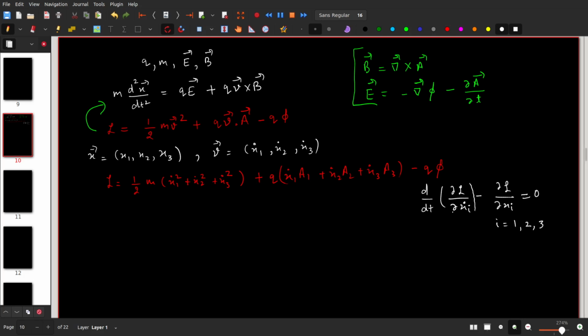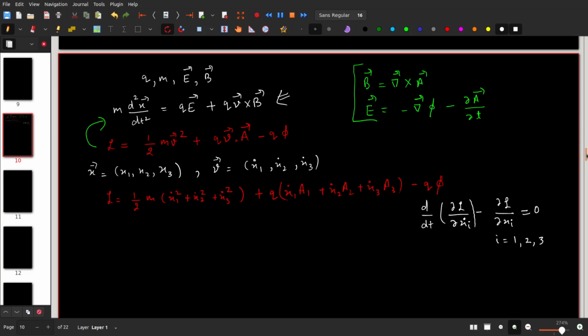These are the three Euler-Lagrange equations corresponding to this Lagrangian, and we want to show that these are the same equations, as you already know, this particle follows in the presence of electric and magnetic field. We will show this only for the x1 component.